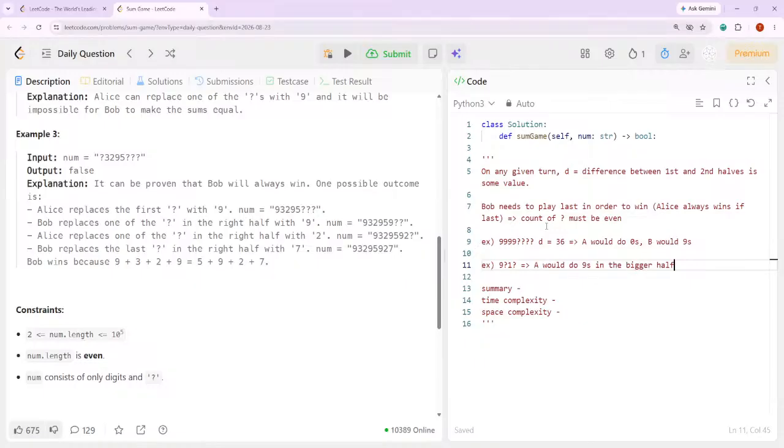I want to say the question marks on either side of the middle. My intuition is that question marks appearing on both sides kind of cancel each other out.